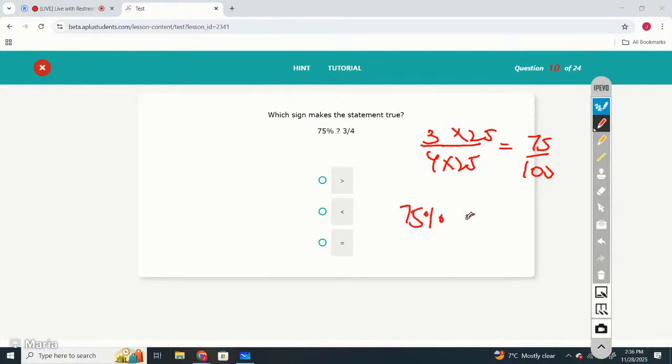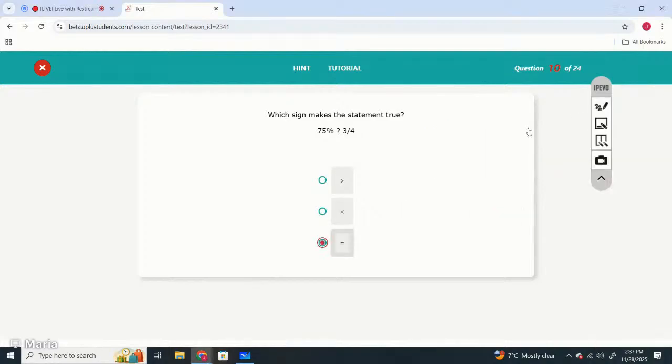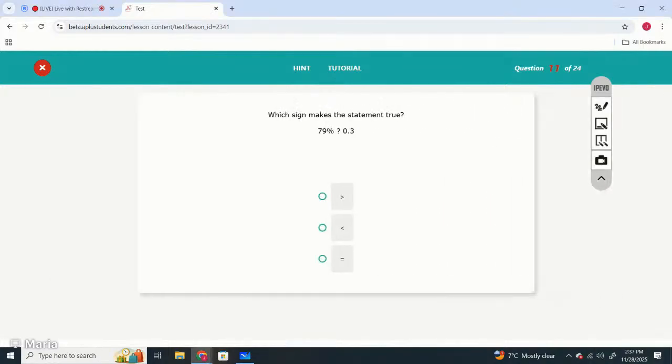So 75% is equal to 75%. Both sides are exactly equal, so option number 3 is the correct option.